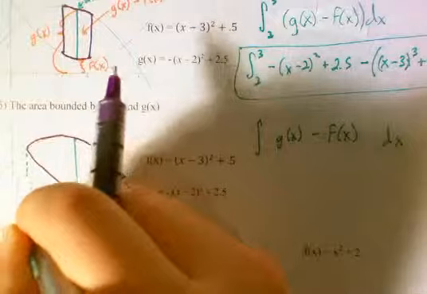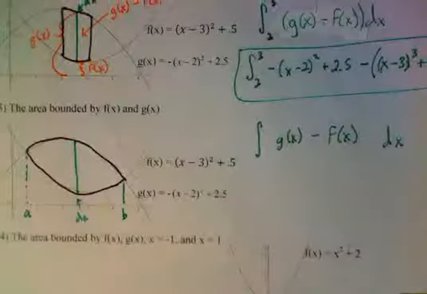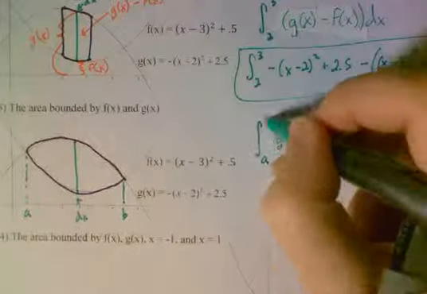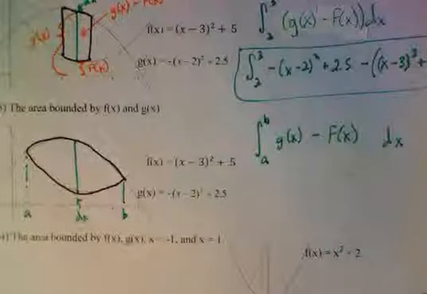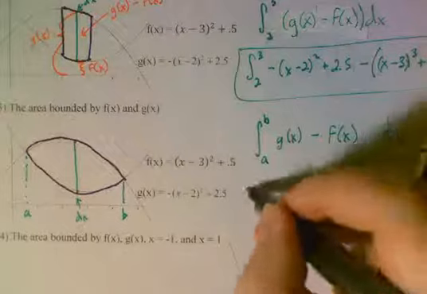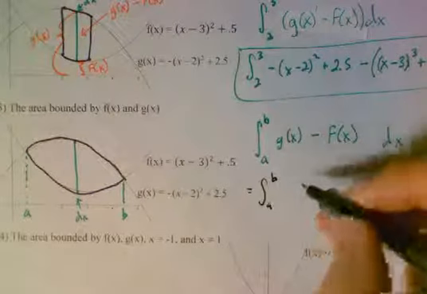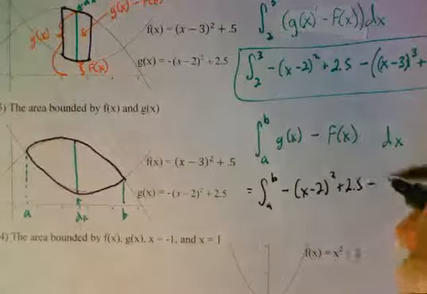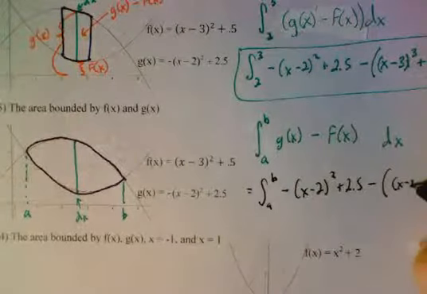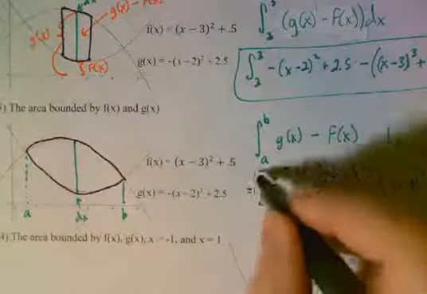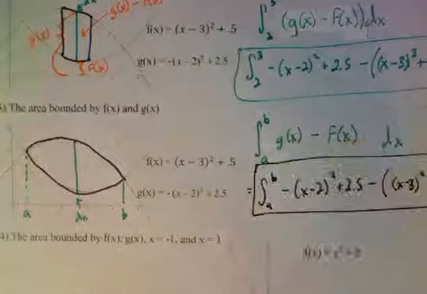And since we don't know what it is, let's just call that A. And we'd stop over here, so let's just call that B. So in later lessons we're going to figure out how to find those numbers, but for now, let's just say it's going from A to B. Just like we did up here, we can substitute. And there we go.